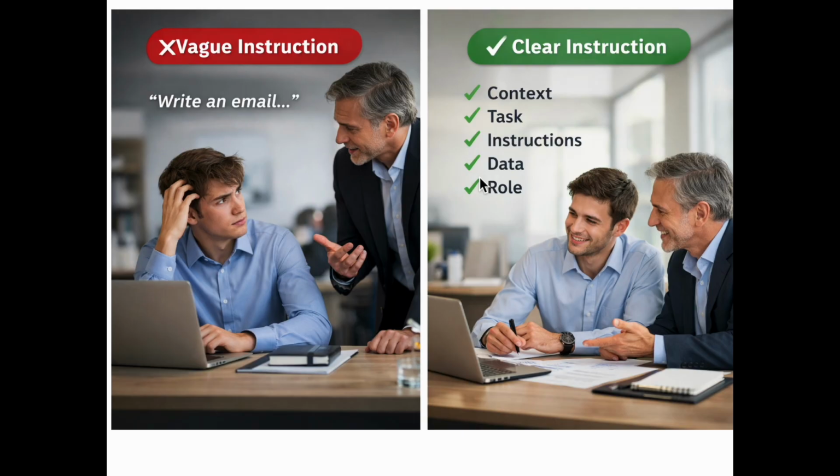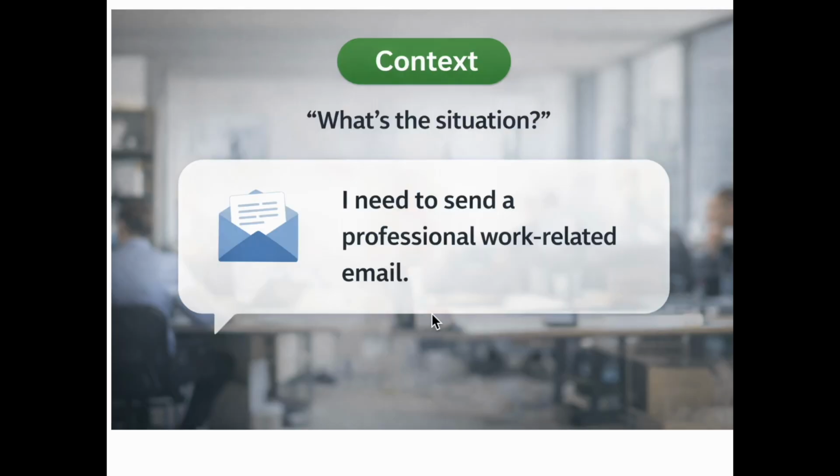CTIDR is not a prompt type, it's a grounding framework. It tells the AI, this is the world you are operating in. Let's discuss CTIDR in more depth. C, as in context, answers one simple question: what's the situation?